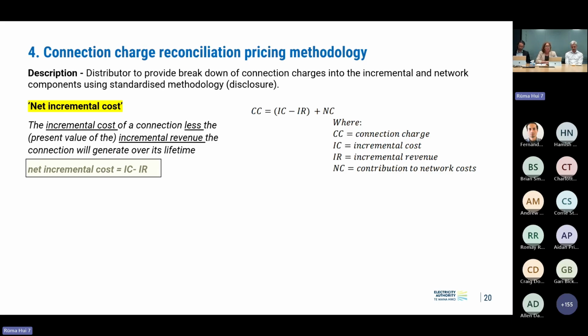The net incremental cost is the incremental cost of a connection less the present value of the incremental revenue that the connection will generate over its lifetime. If we look at the first part of our formula, the first three terms, if the connection charge is equal to the net incremental cost, then the new connection covers its costs over time.